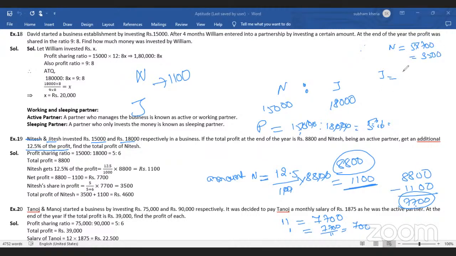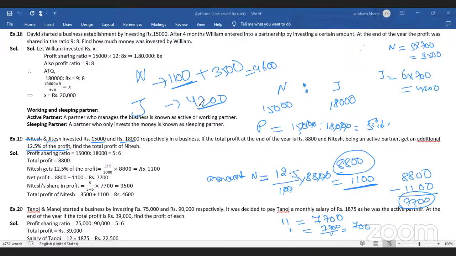And Jitesh will get 6 parts, 6 into 700, that is 4,200. Now, Nitesh already got 1,100 and is getting 3,500 more. So Nitesh is getting 4,600 in total, and Jitesh is getting 4,200 in total.